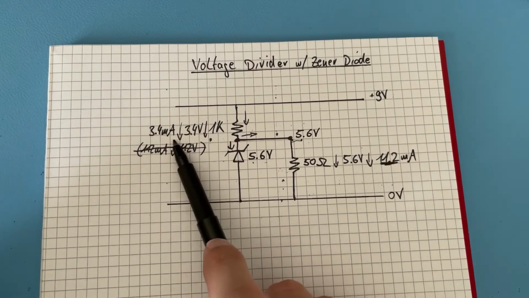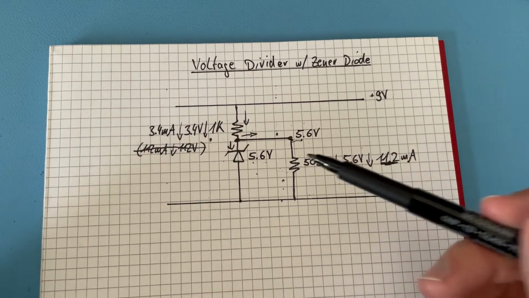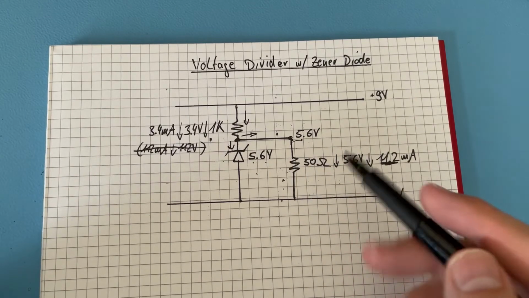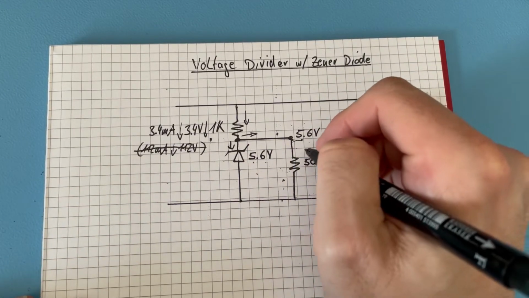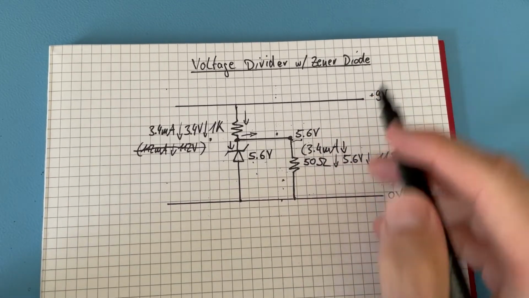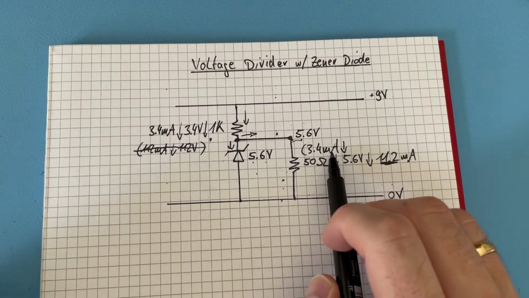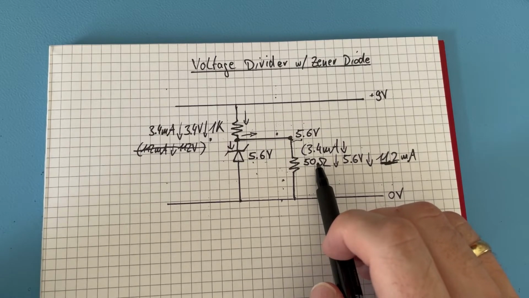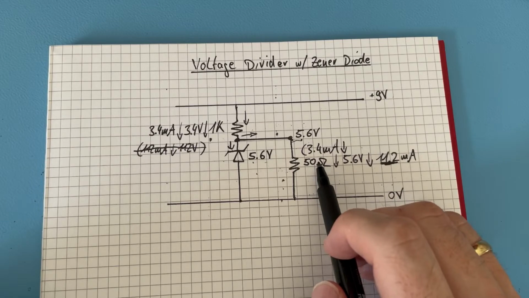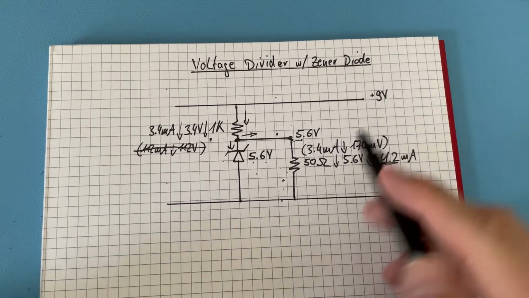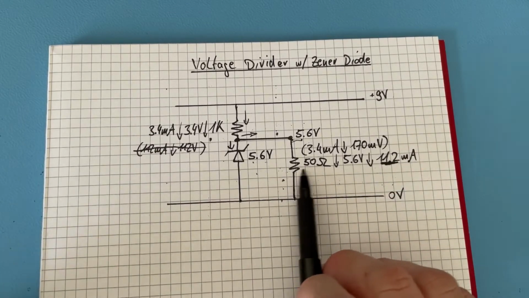It could happen that we have not more than this 3.4 milliampere, that this resistor is flown through at maximum 3.4 milliampere, and then what would happen? 3.4 milliampere through a 50 ohm resistor would be 170 millivolt maximum across this 50 ohm resistor.